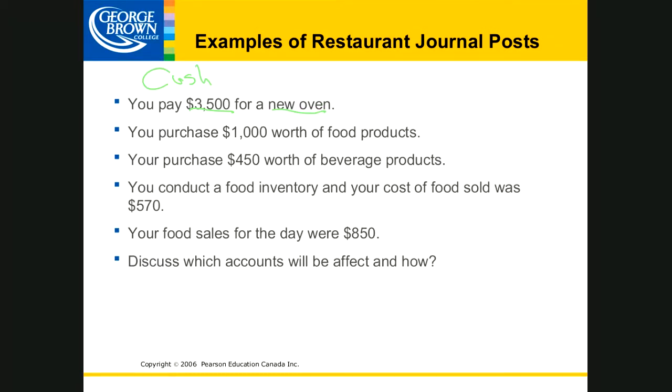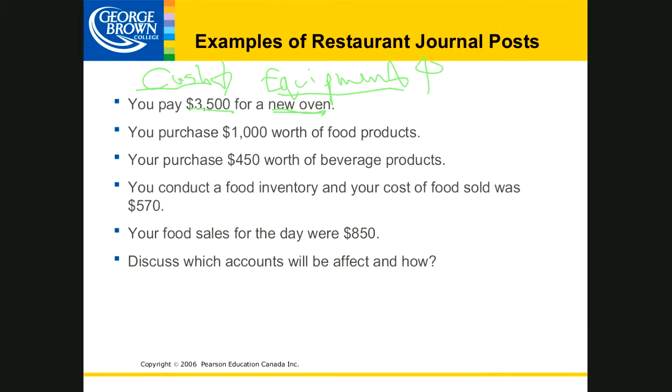You've given $3,500 worth of value, and the value you received was a new oven. So we could call that equipment. Okay, so those are the two accounts that are being affected. Your cash is decreasing, and your equipment is increasing.